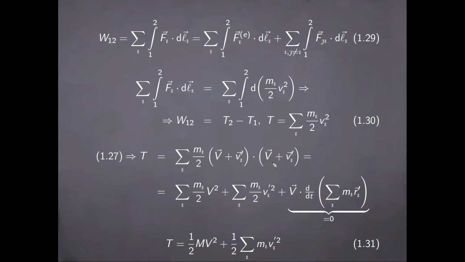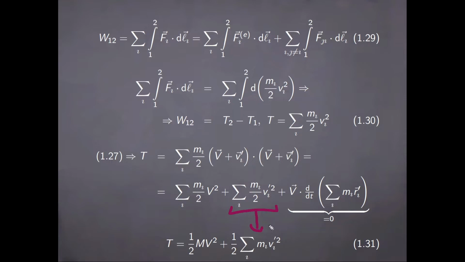And then if we work out the dot product, we obtain three terms. The first one is simply equal to the total kinetic energy of the center of mass. The second one is the kinetic energy of motion relative to the center of mass.